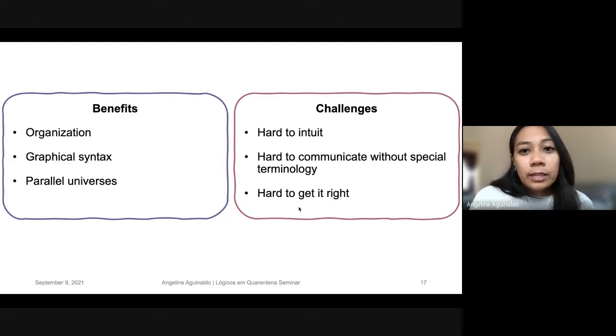And then the third benefit is the notion that functors essentially encode this kind of sci-fi idea of parallel universes. The way that I come to understand a lot of these topics is envisioning these categories as universes with things that happen inside them.